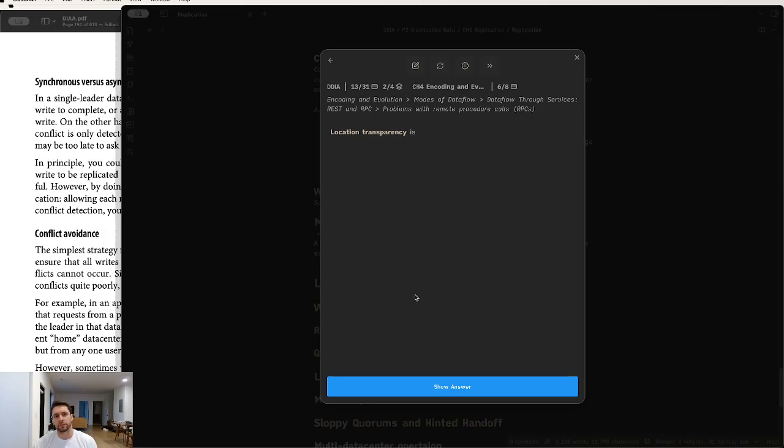Location transparency. This is kind of like a programming model where we pretend like network calls are just function calls within our service. We abstract the network call away.